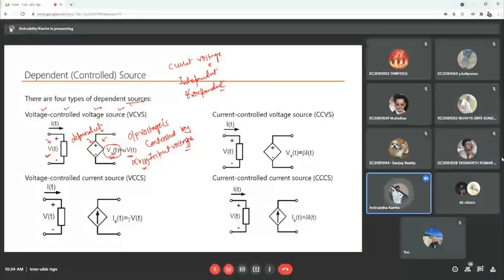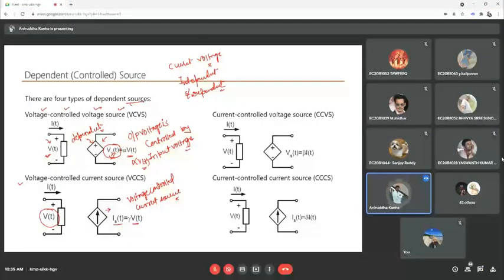Now let us come to the voltage controlled current source. This is the current source, and its value is dependent on the voltage of this element, and hence we call it a voltage controlled current source.